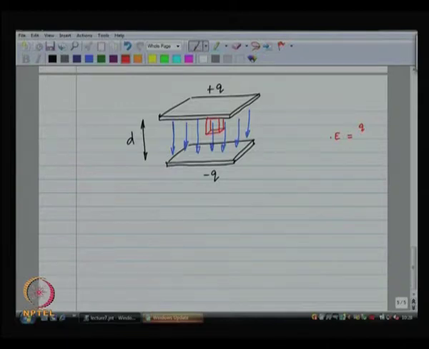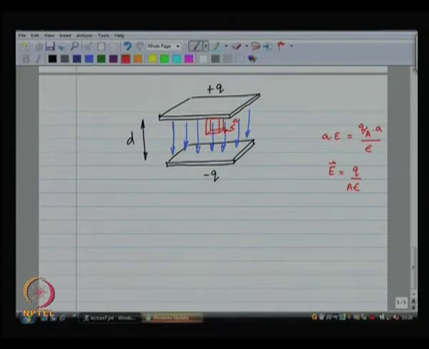So, let us say this has an area of small a, okay. So, that basically gives you that the electric field is q by a epsilon naught, or, where is naught, a epsilon, I am sorry.